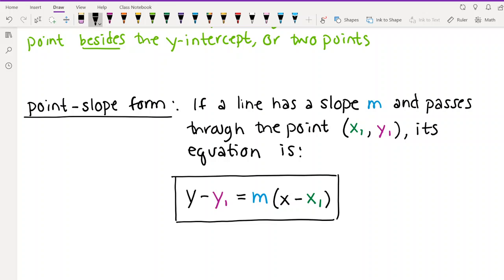Whenever you have an equation for a graph, it has to have a y and an x in it, or an f of x and an x. It can't just be a bunch of numbers. So the y and the x are permanent. You're not plugging something in. The place where you're actually plugging in numbers is y1, x1, and m. All of those are going to be numbers, whereas y and x are going to stay as variables in your equation.